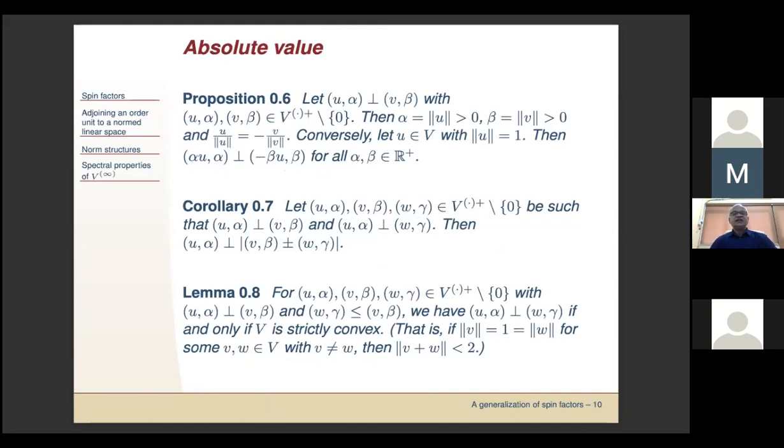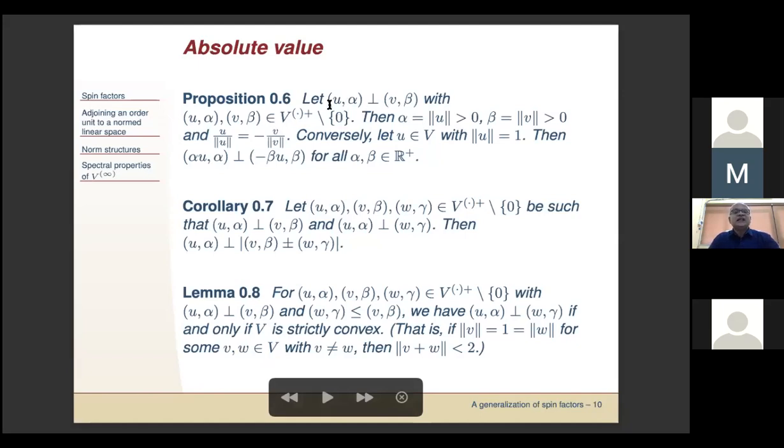Now in the next result, we can precisely characterize the ordered pair of positive elements. Of course, we assume them to be non-zero. So we take U alpha and V beta to be positive other than zero.